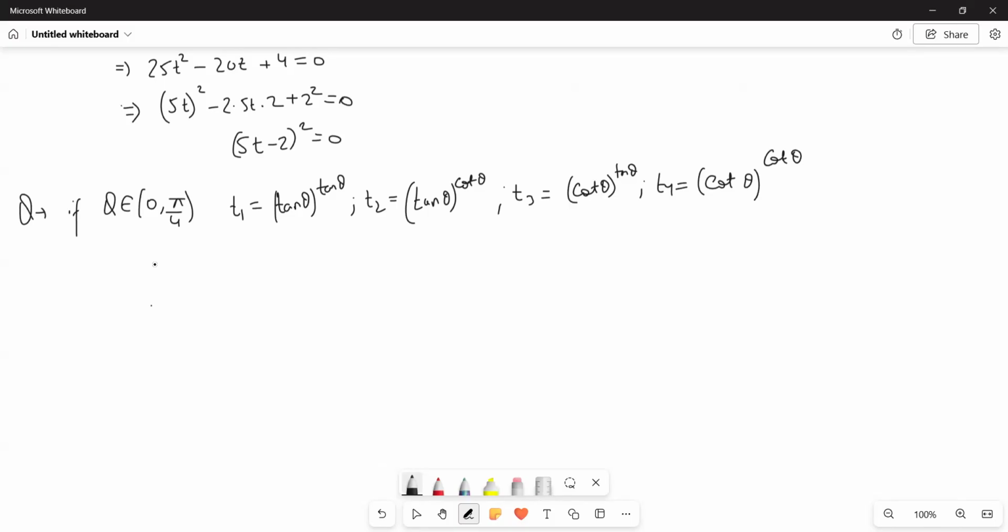Arrange T1, T2, T3, T4 in ascending order.